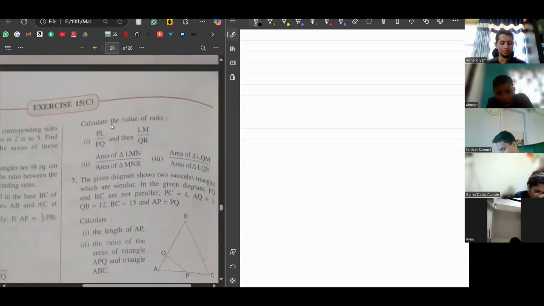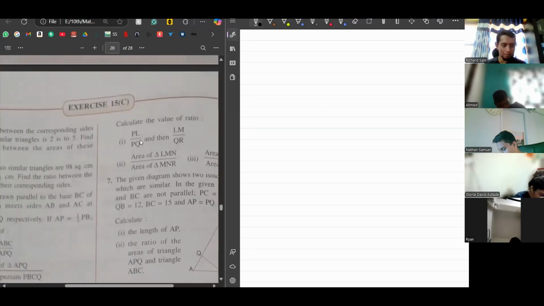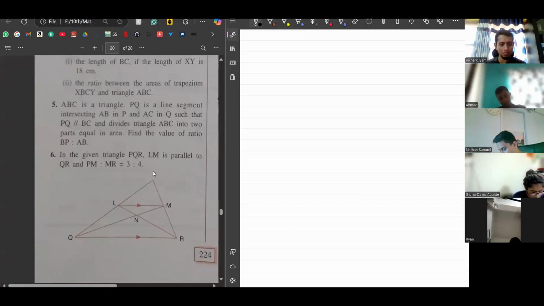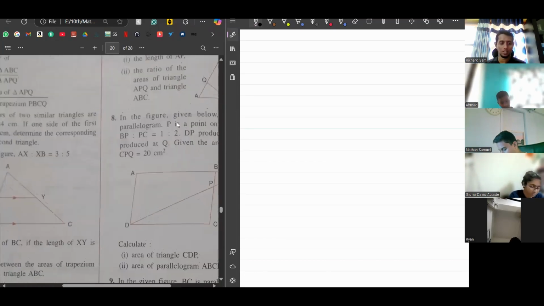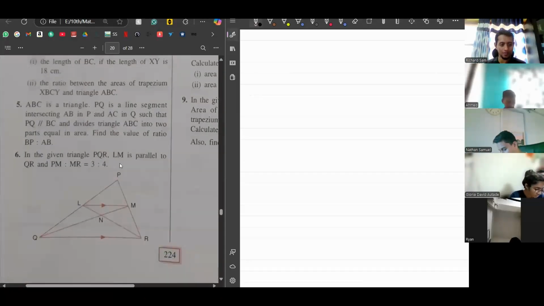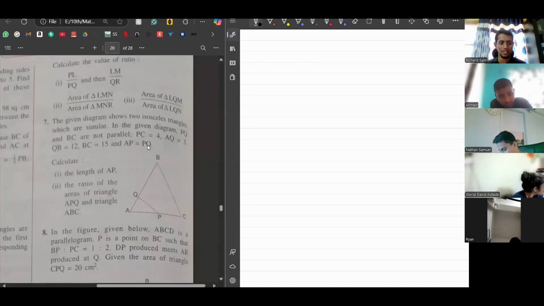Calculate the value of PL upon PQ. What is it? 3:7. Next, LM upon QR. 3:7. We just found it out, right?